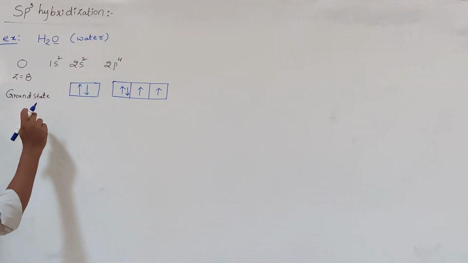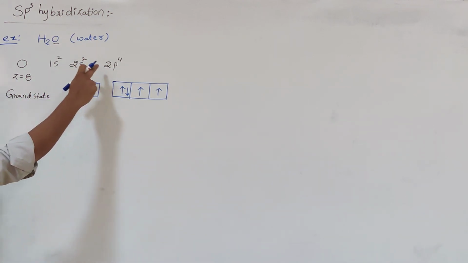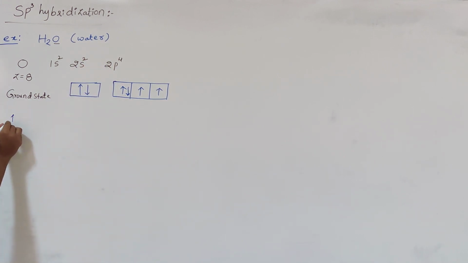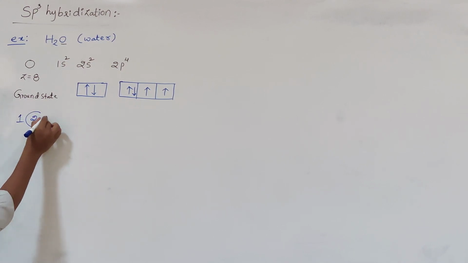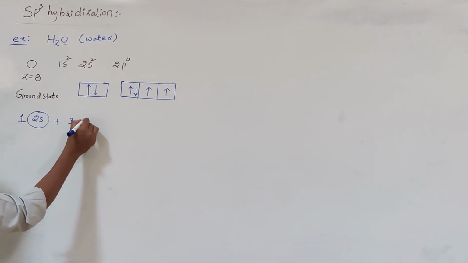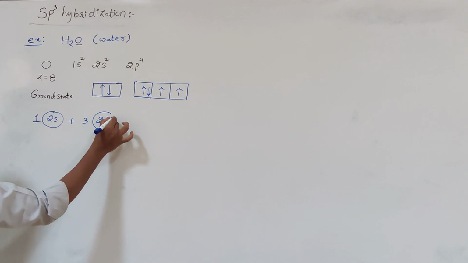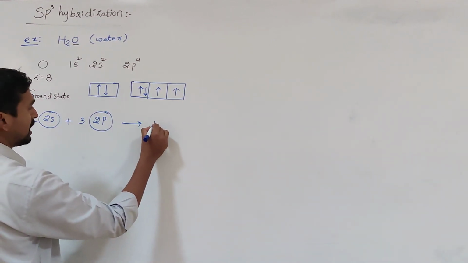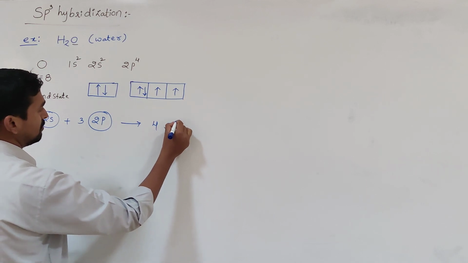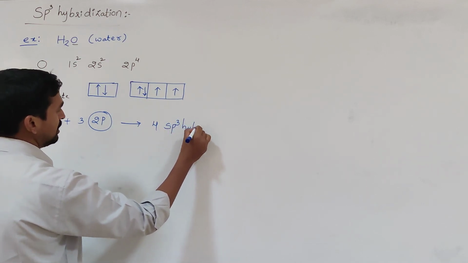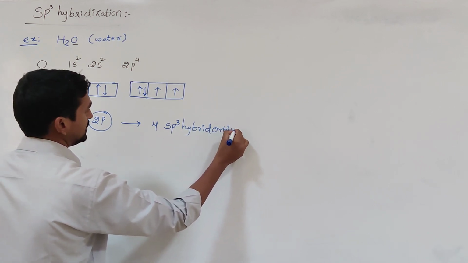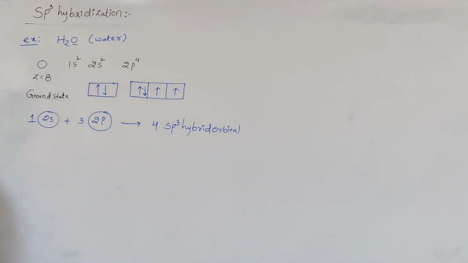What orbitals are present in the valence shell? The 2s orbital and 2p orbitals. All four are involved in the hybridization: one 2s orbital and three 2p orbitals form 4 sp3 hybrid orbitals. These 4 sp3 hybrid orbitals are oriented in tetrahedral geometry.